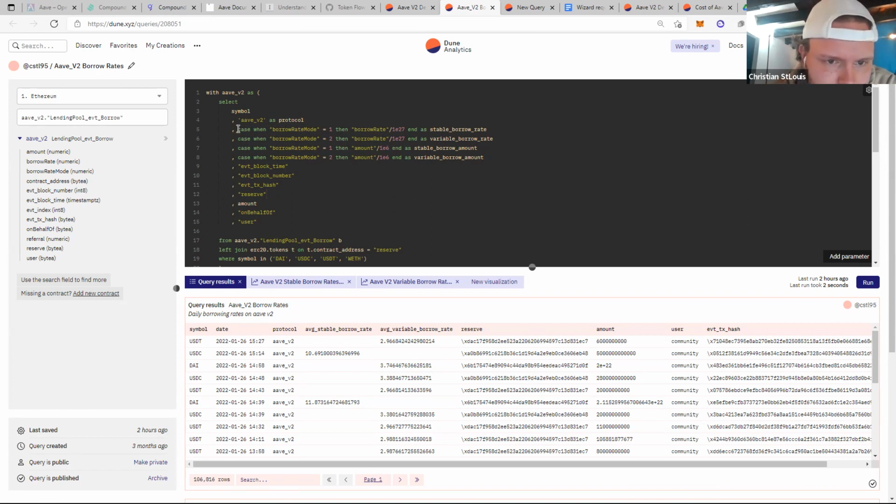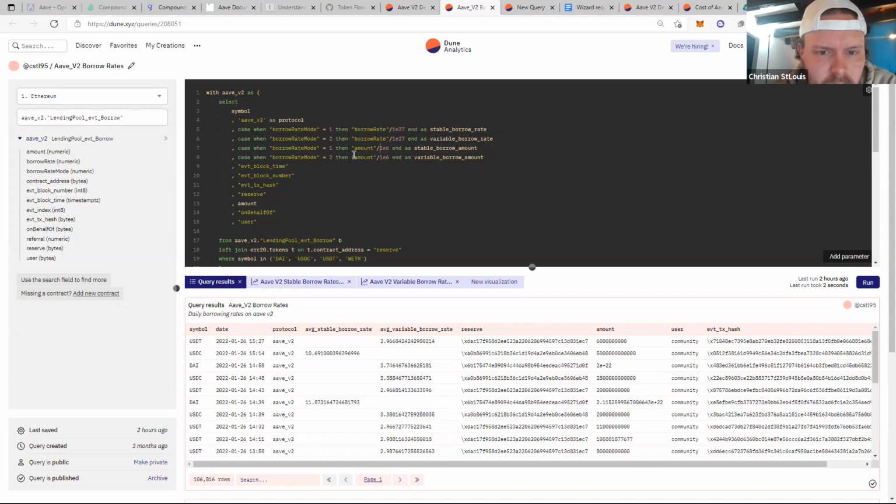So for example, here, when borrow rate mode equals 1, that means it's a stable borrow. And so we have to divide that by these decimals to actually get a stable borrow rate that makes sense. And the interesting thing is that different assets or tokens have different decimals, depending on how the protocol math works.